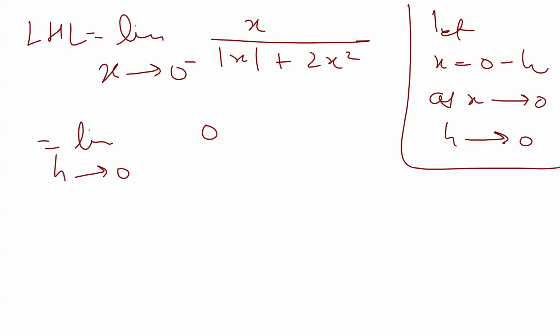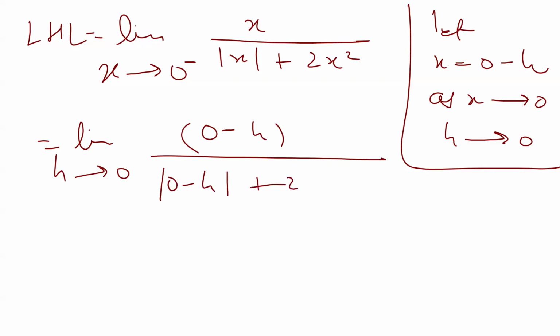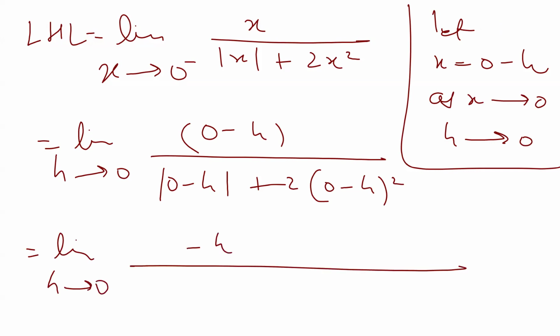Limit h approaching 0, minus h upon (modulus of minus h plus 2 into minus h the whole square, which is h square).